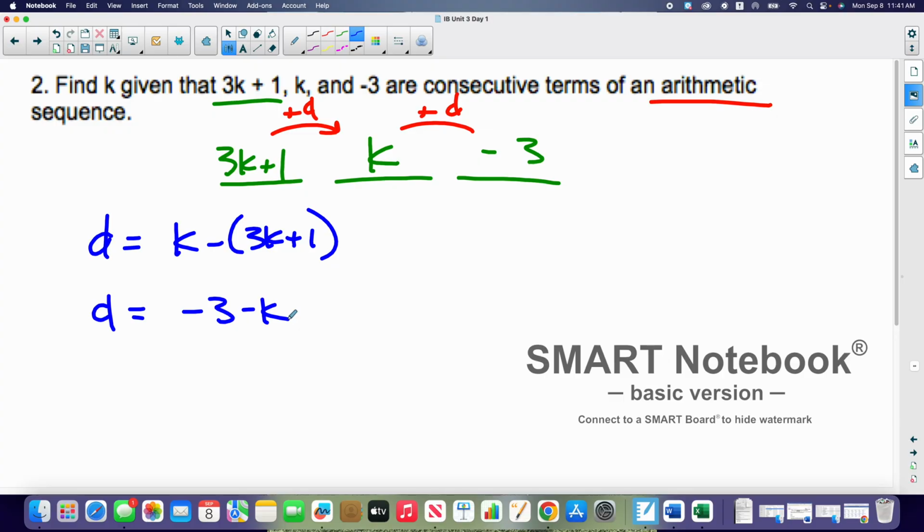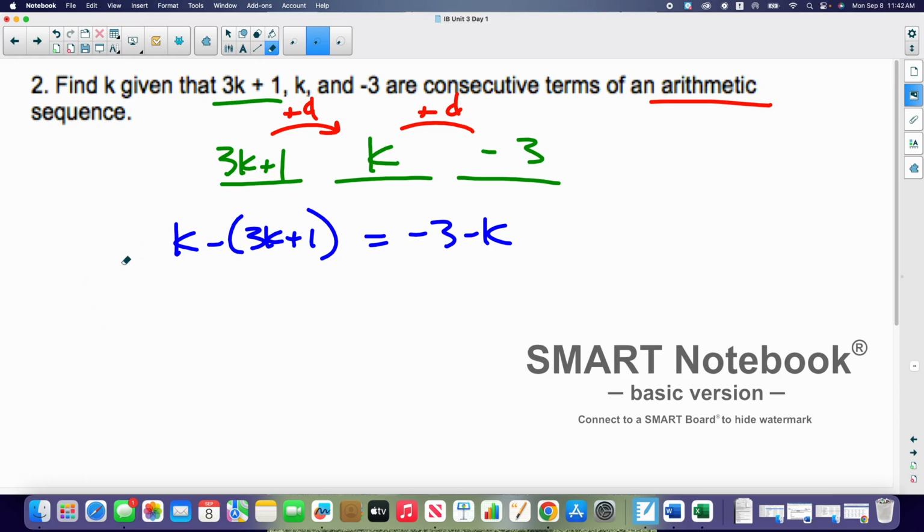Now, what do we know about these two? If it's arithmetic, they're the same, so these two things are equal to each other. I could set K minus 3K plus 1 equal to -3 minus K, and I'm going to solve that.